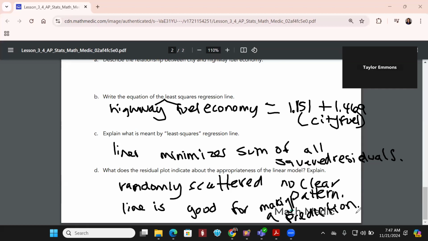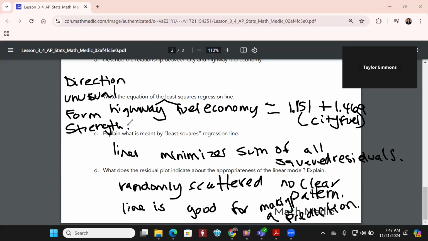What does the S stand for? Direction, unusual features, form, and strength. So DUFS is direction, unusual features, like outliers or clusters, form, and strength.